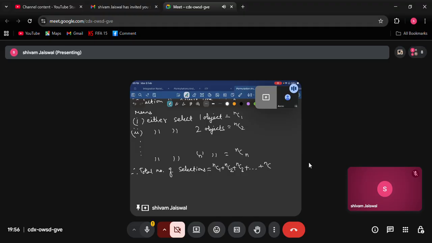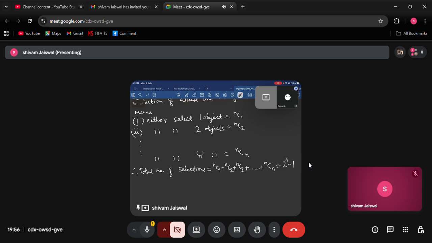You people know the summation of this particular series? NC1 plus NC2 plus NC3 plus up to NCN. This will be 2 to the power n minus 1. Actually, sum of all binomial coefficients. These are all binomial coefficients except NC0. Has anyone done binomial theorem in school?